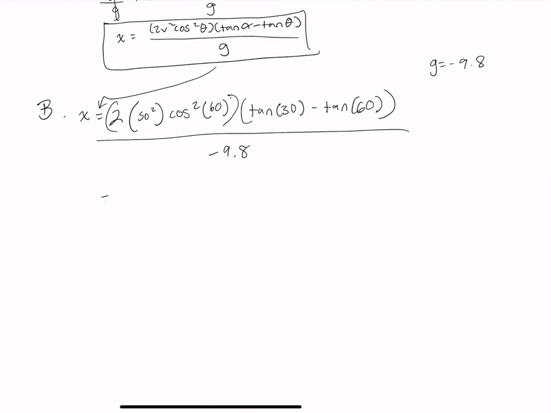And then when you put this into your calculator, you will get that x is equal to 147.283 meters. So this is the horizontal range.